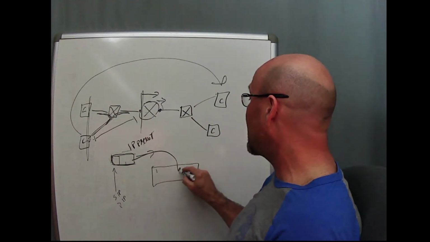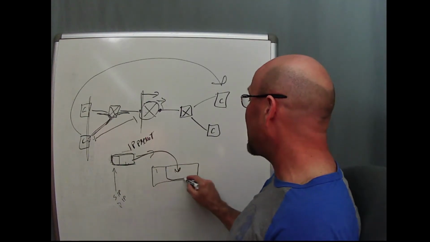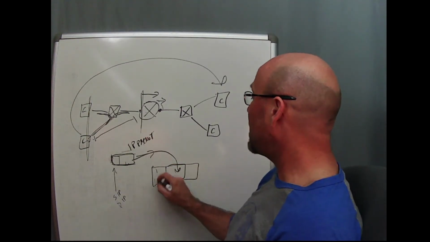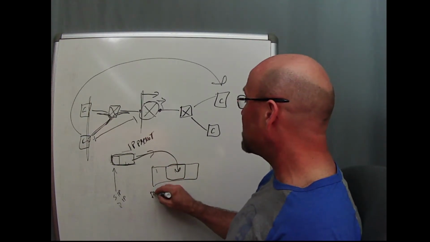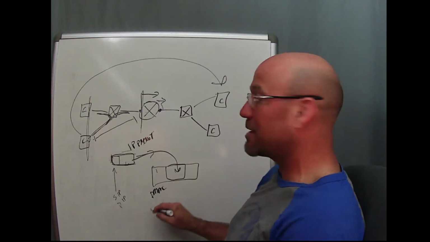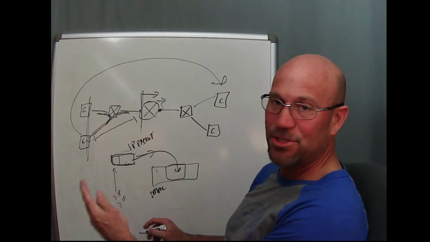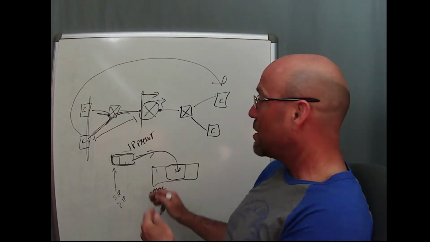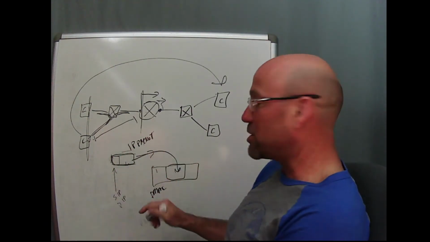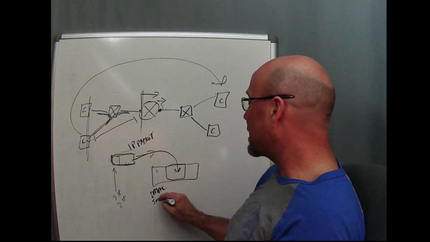This IP packet goes back into the data field of an Ethernet header with a new destination, I'll say DMAC, destination MAC address. Earlier, I think I said destination address, but you should know it was a destination MAC address. Also the source MAC address.